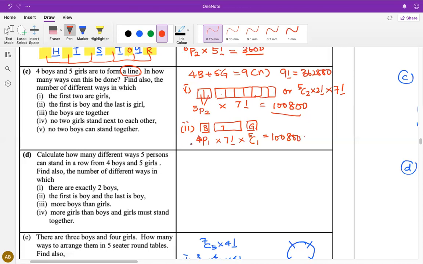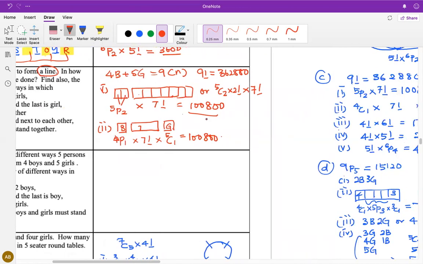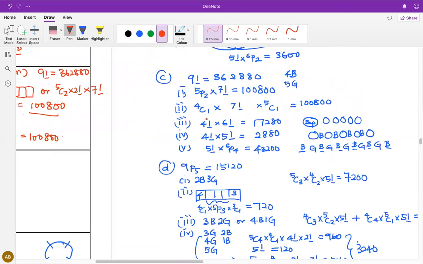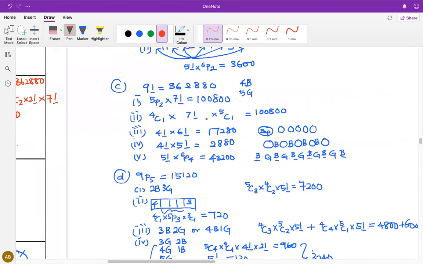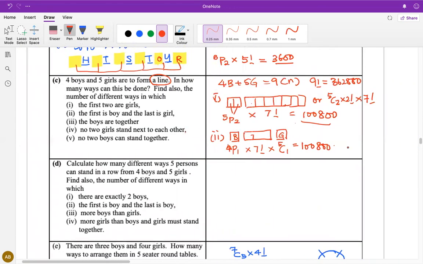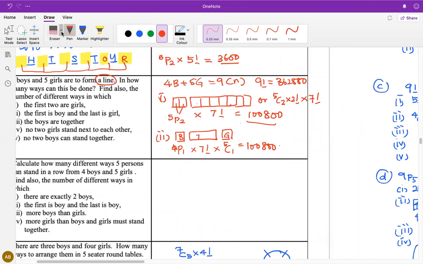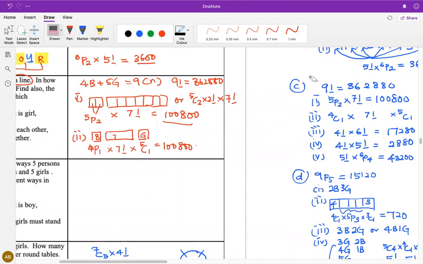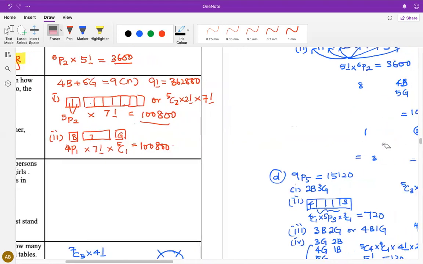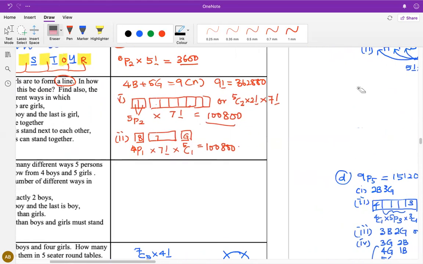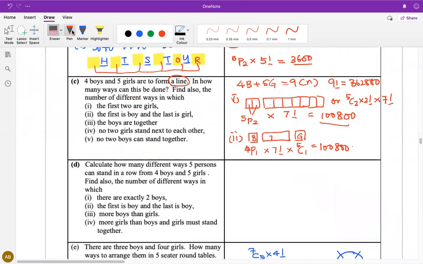Okay, so that is correct. Then number 3, the boys are together. The boys are together, that means left the girls, right?